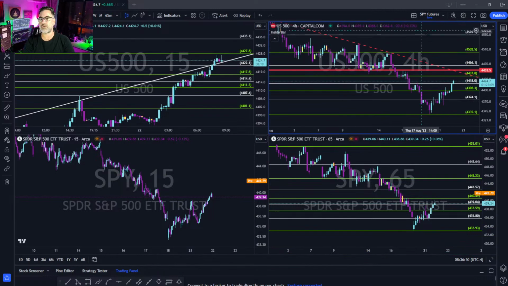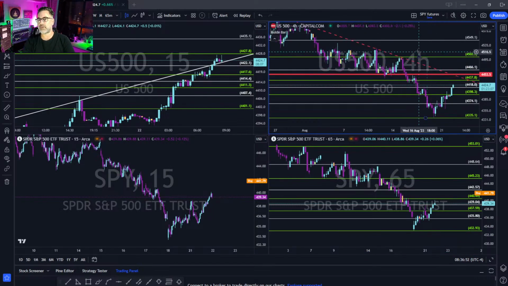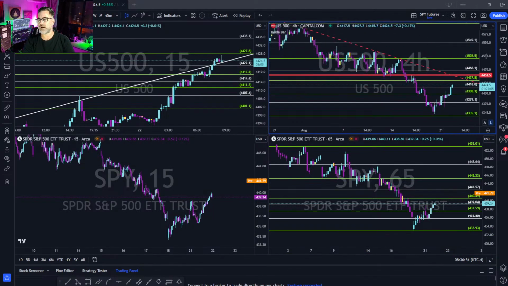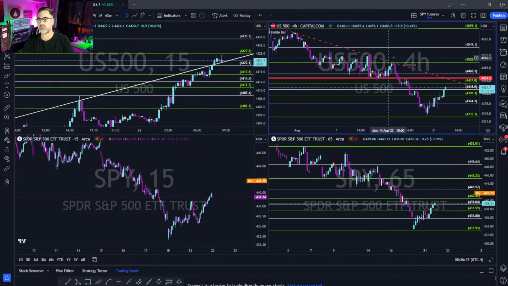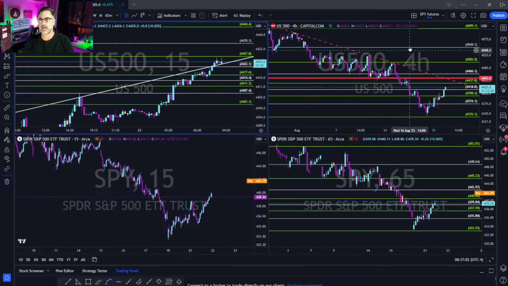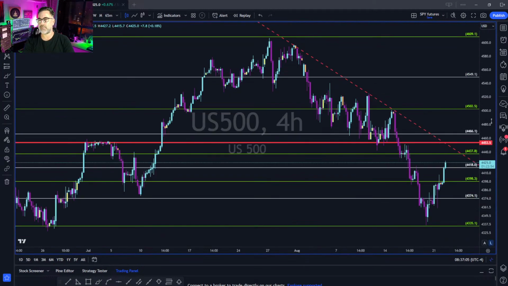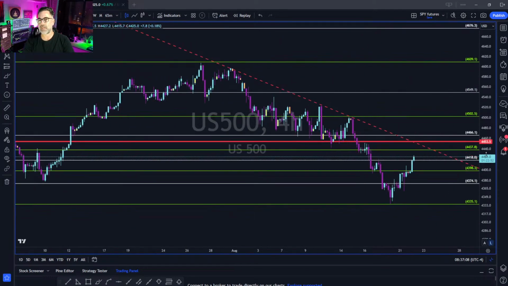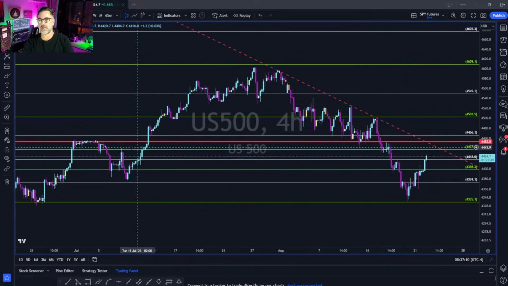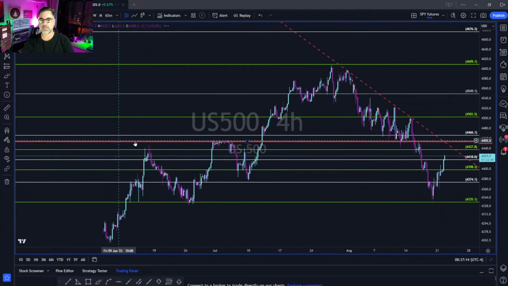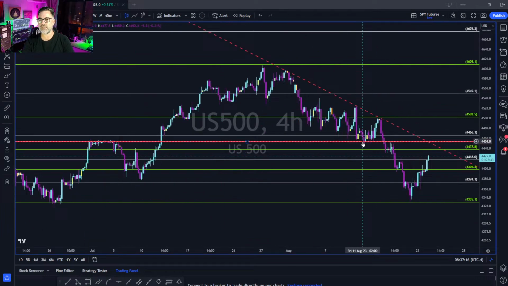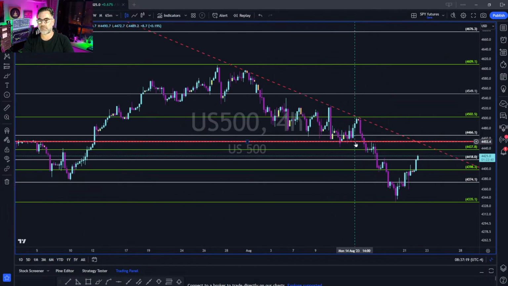Now, if we take a look, when I prepare for the coming trading day, I look at the US 4 hours and I look at the US 15 minutes. Always zoom out, zoom in to get a better point of view of price action. As we can see, this red line, the 44.53, was a very tough resistance, very important support over here until it broke to the downside.